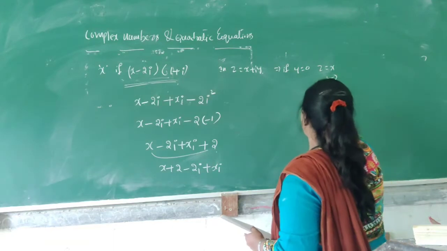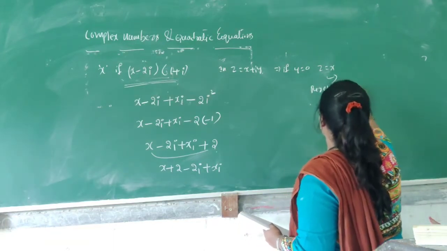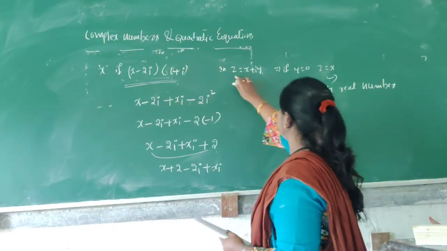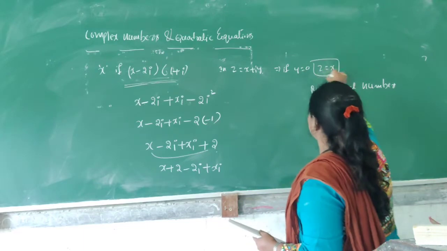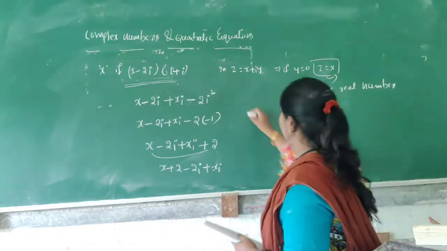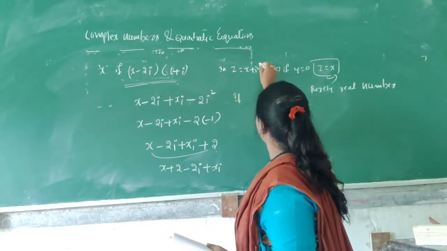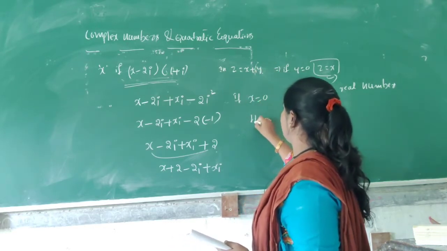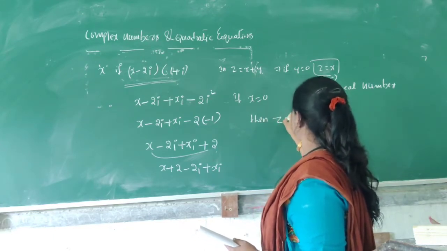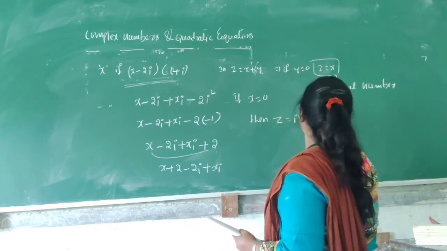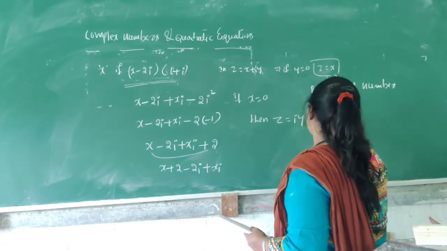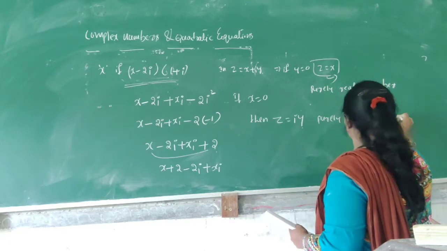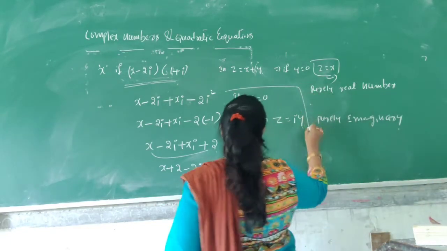This one is purely a real number. If x is equal to 0, then z is equal to iy. Then it is called purely imaginary. We have to take this concept.